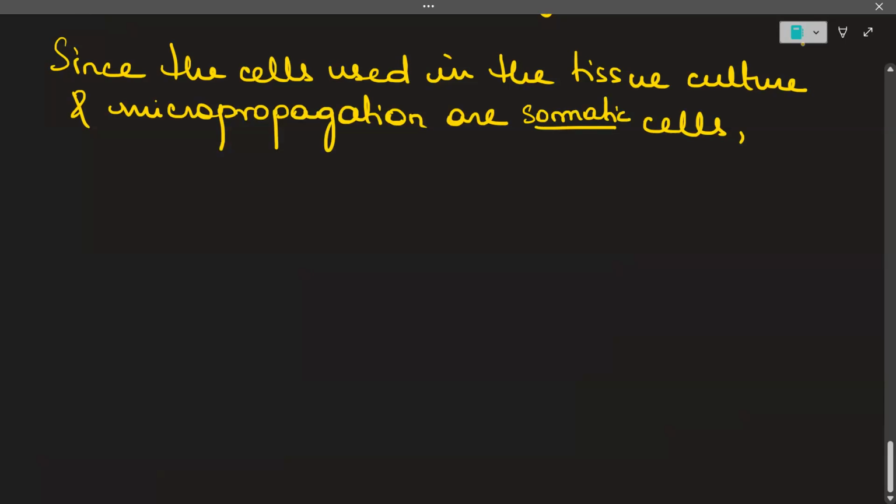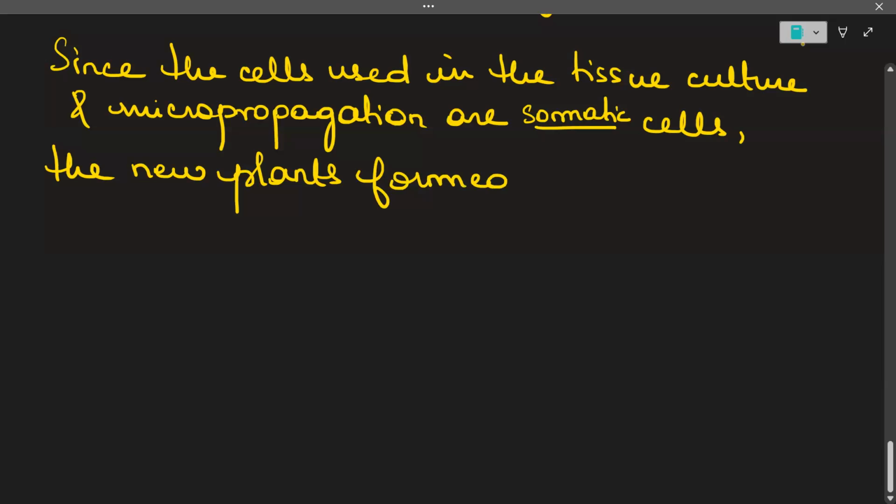So if I am using somatic cells, then what do you think? How will the offspring look? Meaning I didn't understand. Okay, wait.